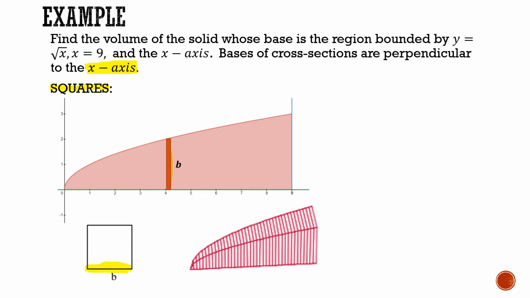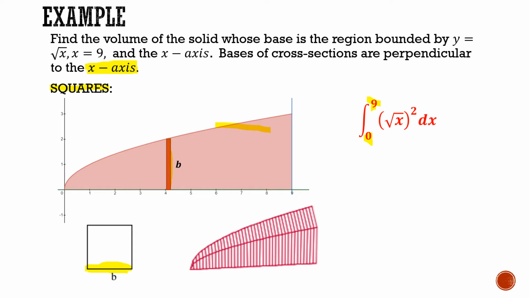All right, so the way we calculate our actual volume is we're going to do the integral from 0 to 9. And again, we're using x values as our bounds on the integral because we're perpendicular to the x-axis. So we're going integral from 0 to 9 of the function squared, or of the base squared. And in this case, our base is the square root of x because the top is root x and the bottom is 0.